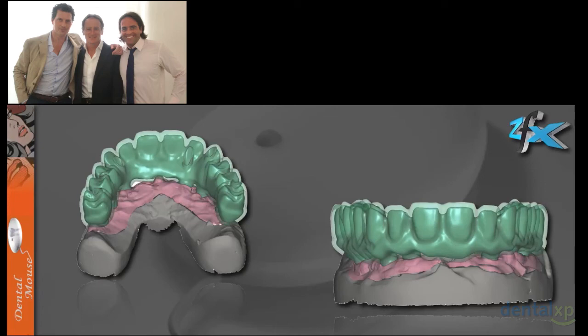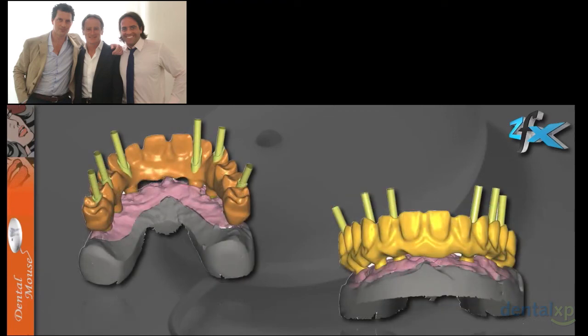But this is made possible only thanks to the new technology. It's something that before you could not have done, because there were too many steps that had to be done in a correct way to be as precise as you are right now.